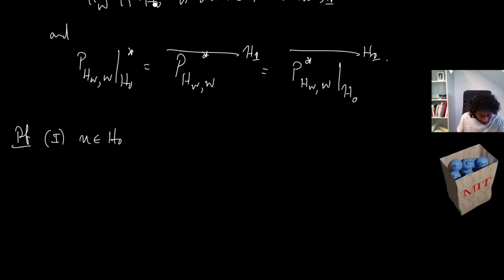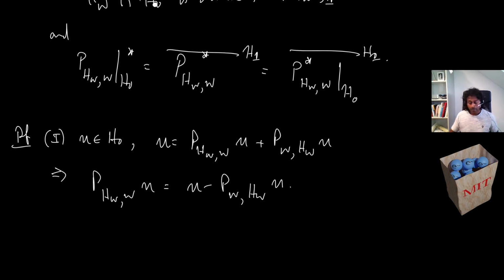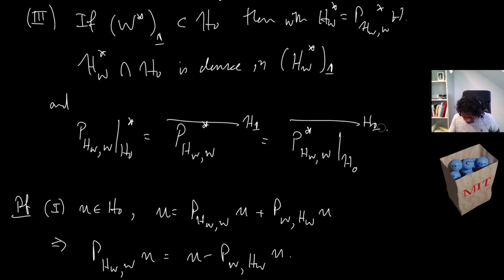We can write U with respect to this projector plus P_W H_W U. But we can rearrange this: P_HW W U is equal to U minus P_W H_W U. It's always with respect to H1.